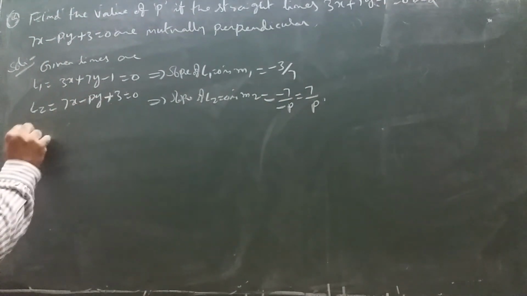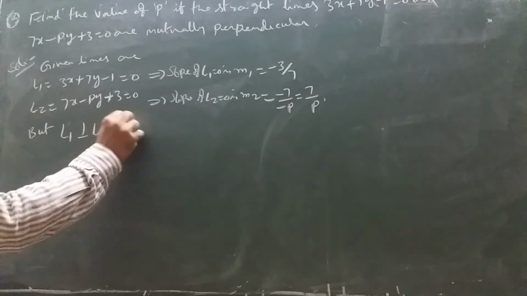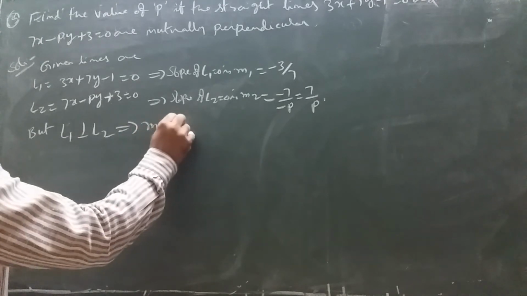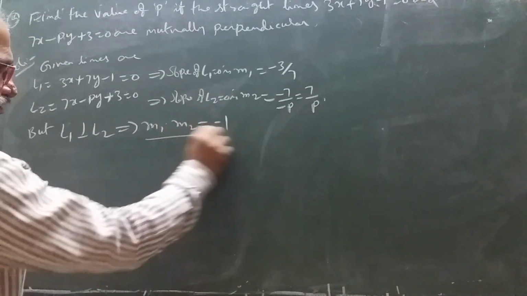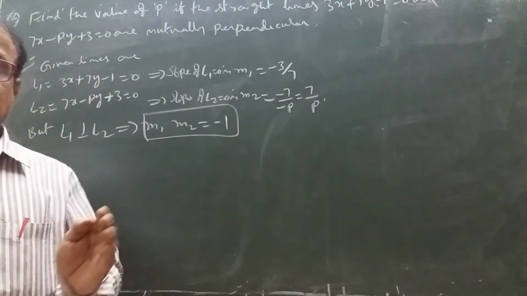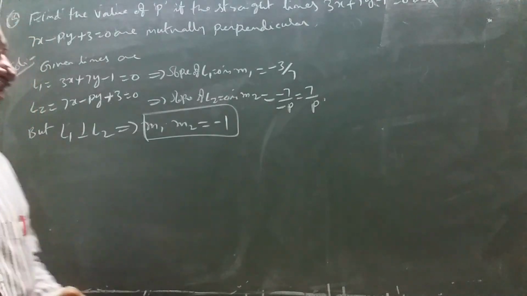But L1 is perpendicular to L2, that implies m1 m2 is equal to minus 1, that is the condition. Or a1 a2 plus b1 b2 is equal to 0. By using that condition also we can find the value of p.